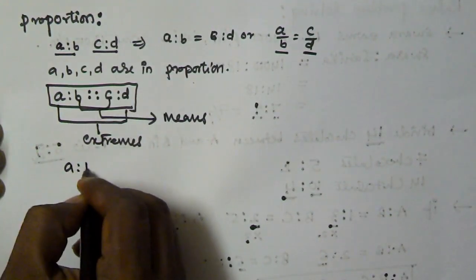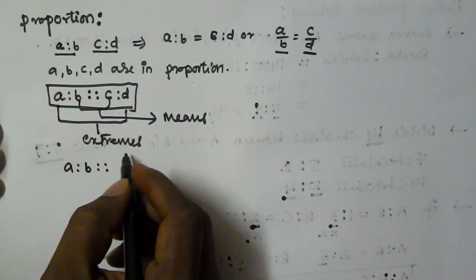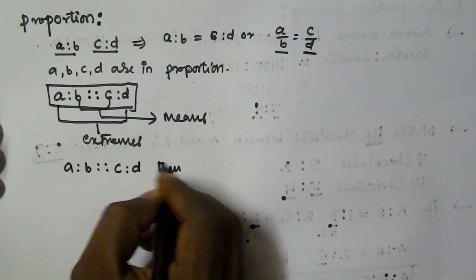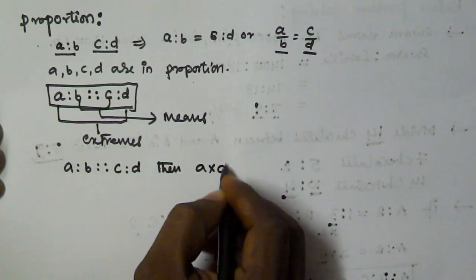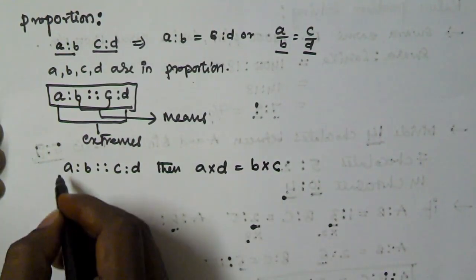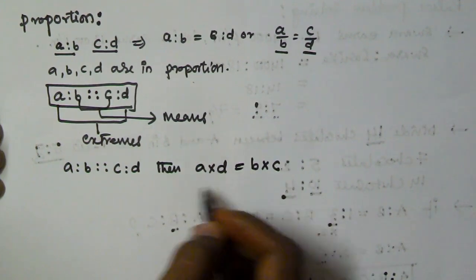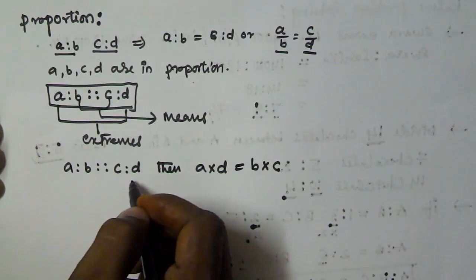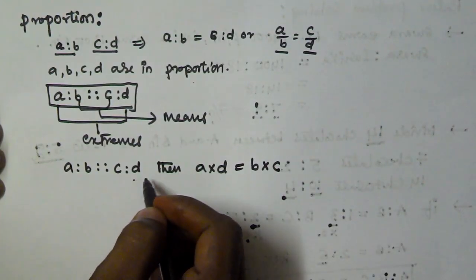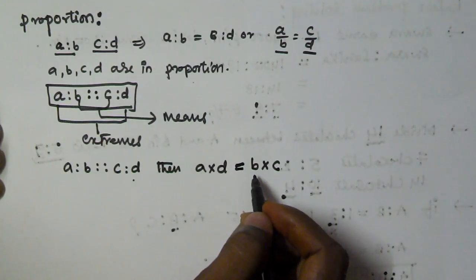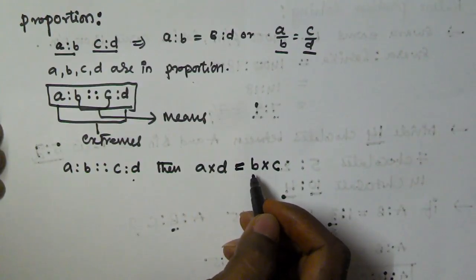If A colon B proportion C colon D, then A into D is equal to B into C. That means the multiplication of extremes is equivalent to multiplication of means. So if A, B, C, D four numbers are in the proportion, then the multiplication of extremes is always going to be equal to the multiplication of means. So this is what it is all about proportion.